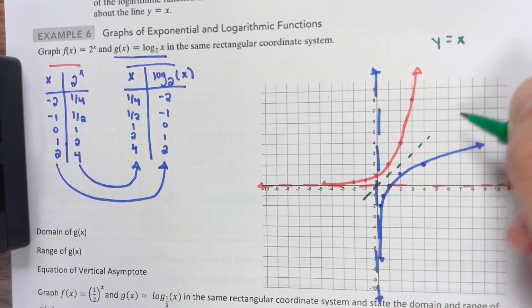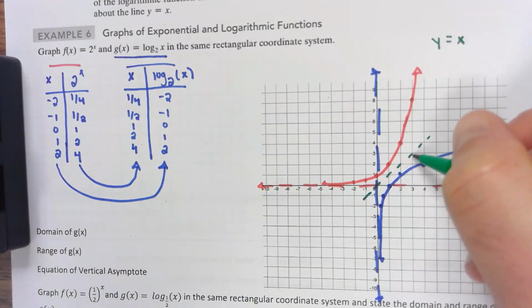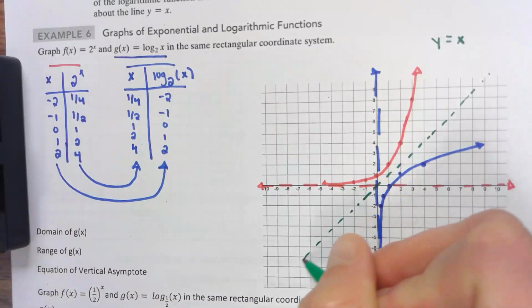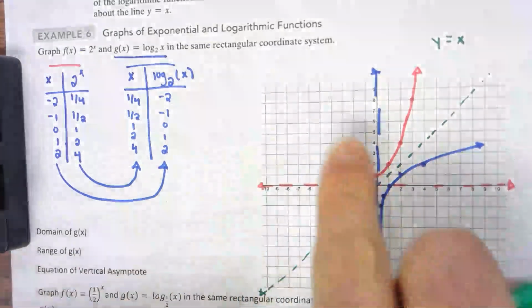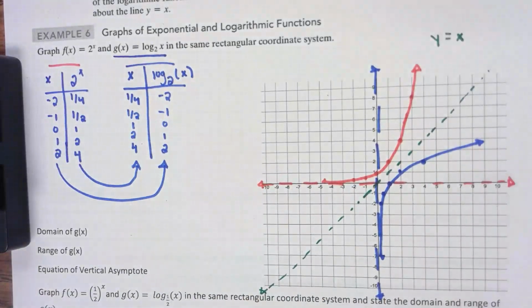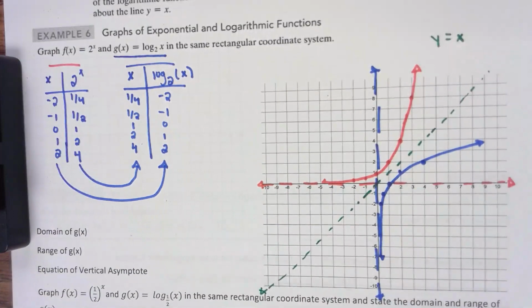And if we were to reflect these graphs across this line, they're going to be symmetrical, right? And we can see that here. If I take this red one and flip it over that line, we get the blue one. Okay, all graphs that are inverses reflect across the line y equals x, which is why when we take the composition of inverse functions, they always work out to be simply x.